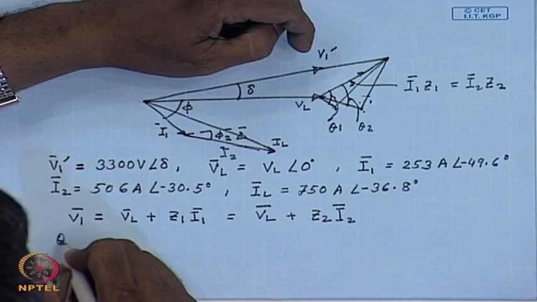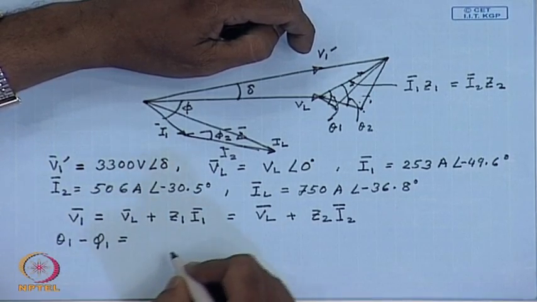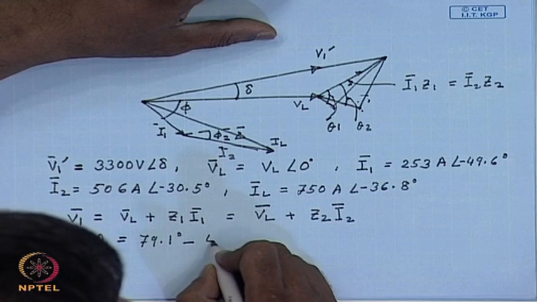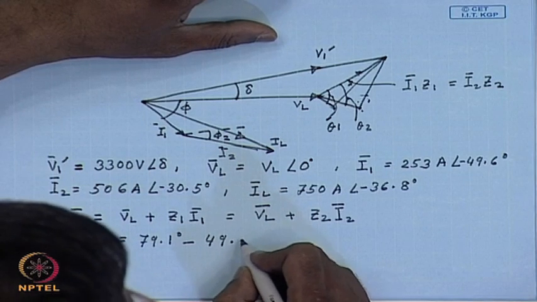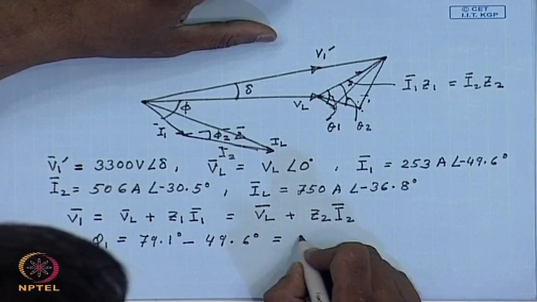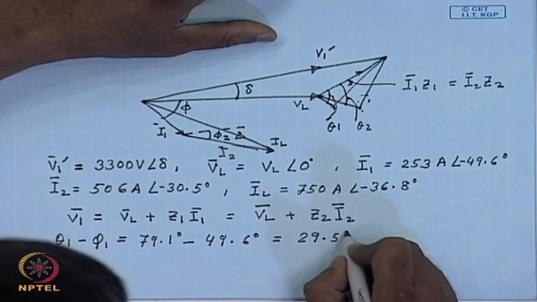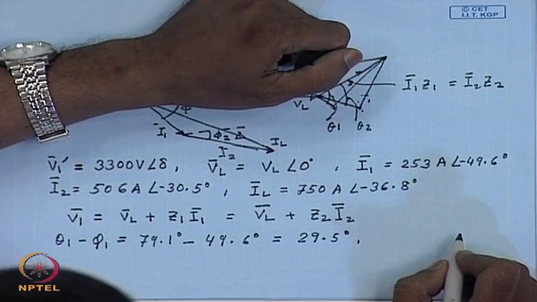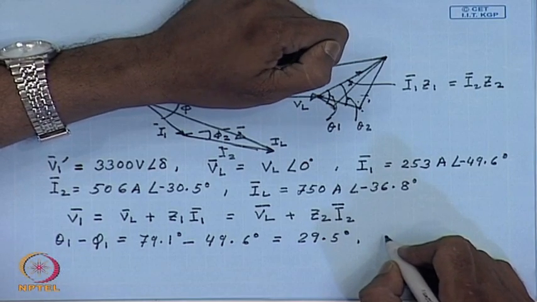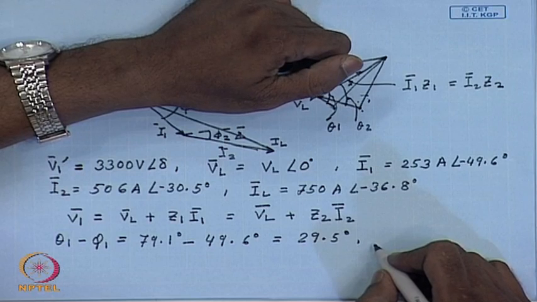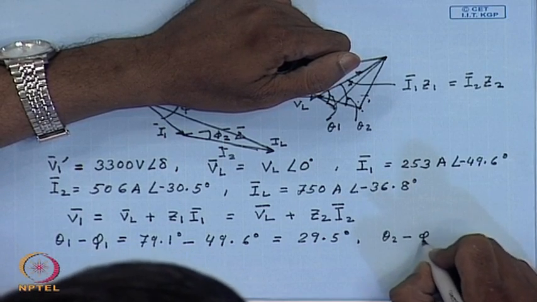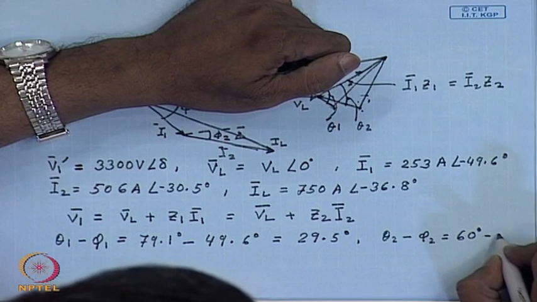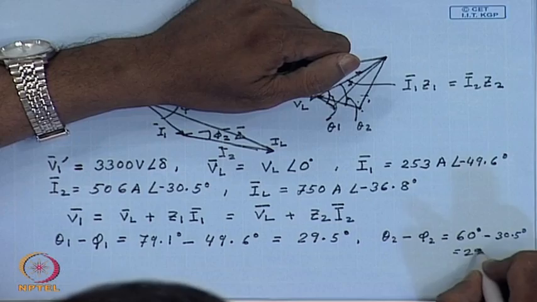So, theta 1 minus phi 1 equal to 29.5 degrees, and theta 2 minus phi 2, that is also equal to 29.5 degrees.